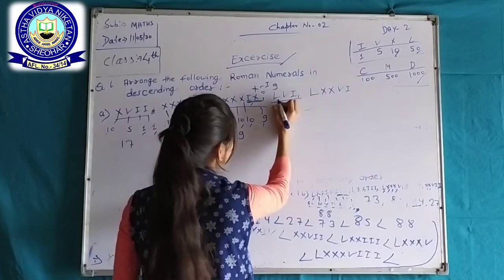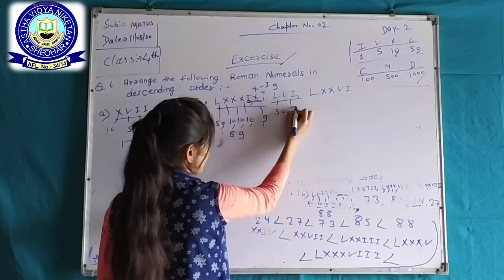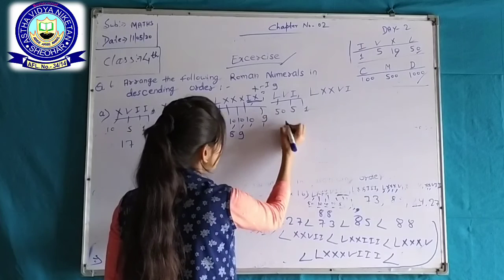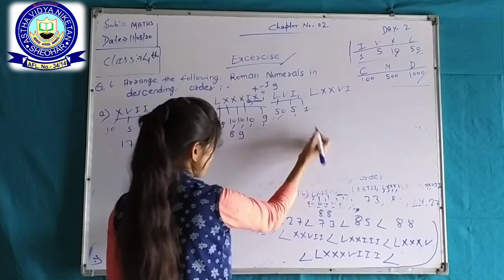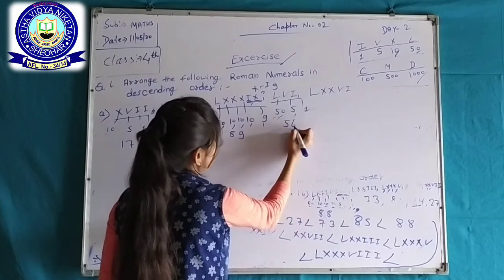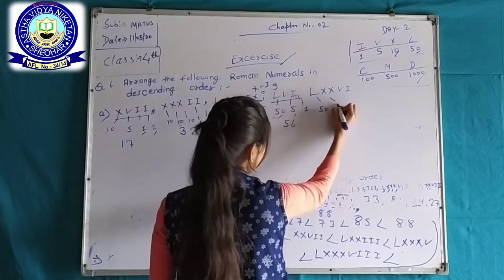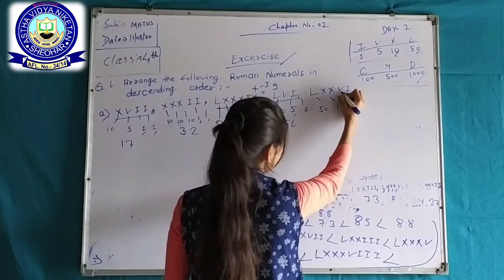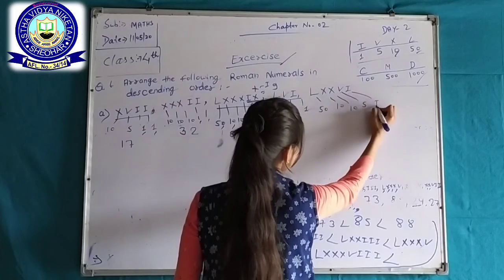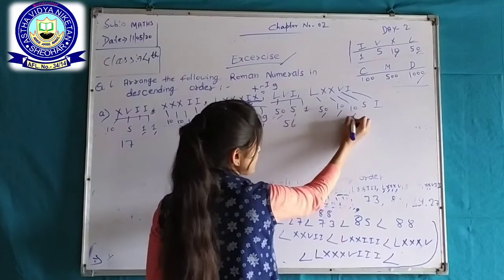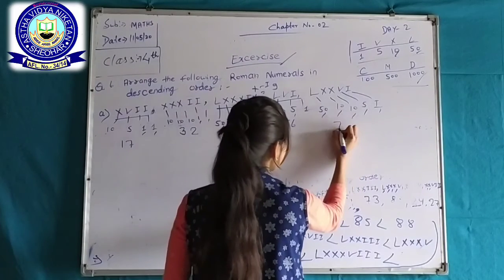And the next: L means 50, V means 5, I means 1. It will be 50 plus 5, 55, plus 1, 56. And L means 50, X means 10, this X means 10, V means 5, and I means 1. 50, 60, 70, 75, and 76.